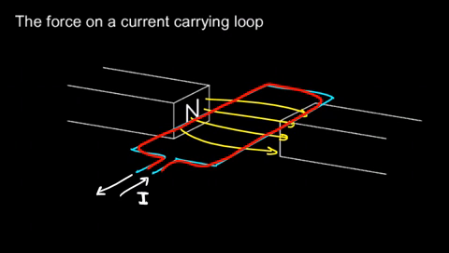The thing to realize is that while the current's going down one side of this wire, it's moving across the magnetic field in one direction, and while it's moving down the other side of the wire, it's moving across the magnetic field in the opposite direction. So it will experience force in opposite directions each time. As the current moves in this direction, force is generated on this wire downward.